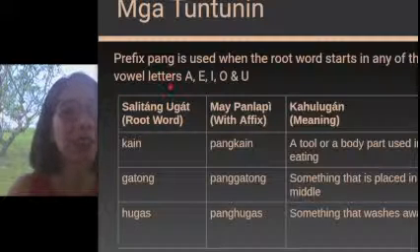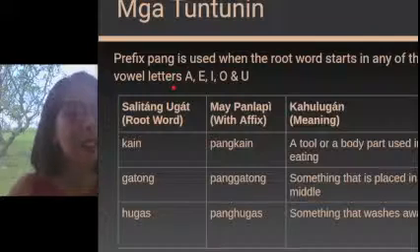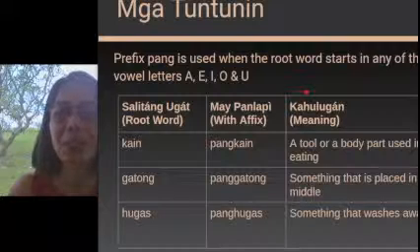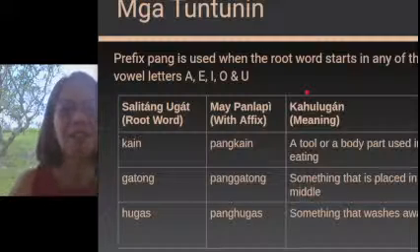What are those vowel letters in Tagalog? We say it: A, E, I, O, U. Again, follow after me if you are new in the language. What are the five vowel sounds in Tagalog?